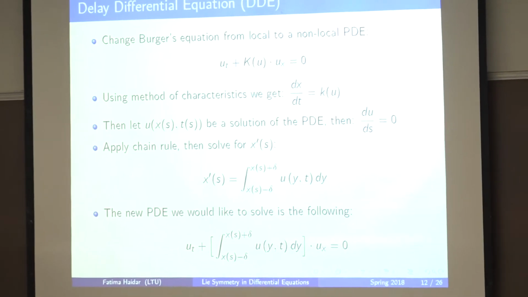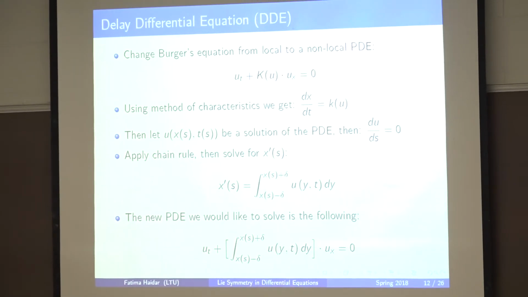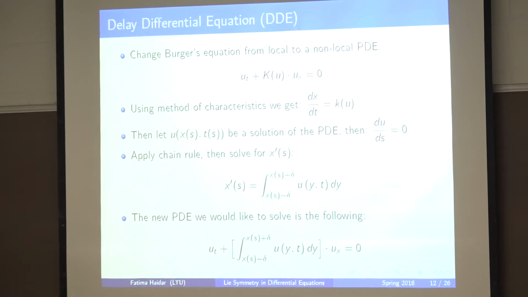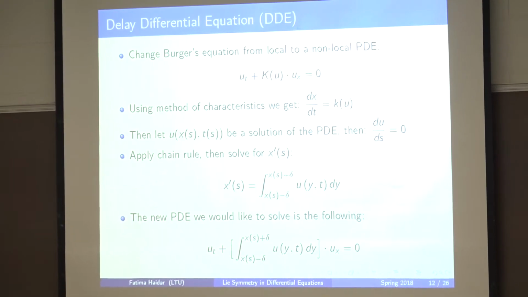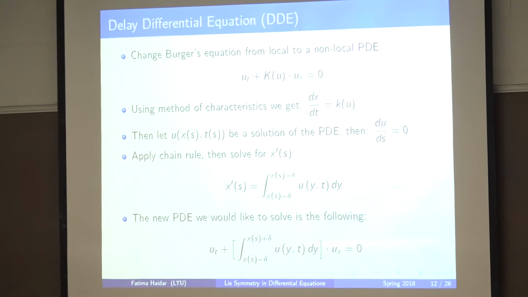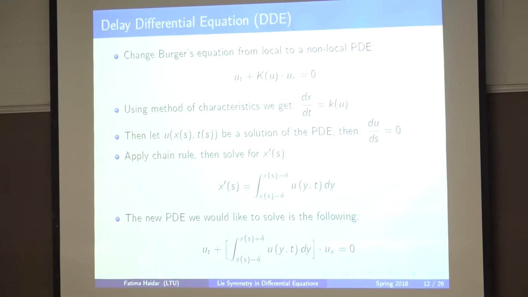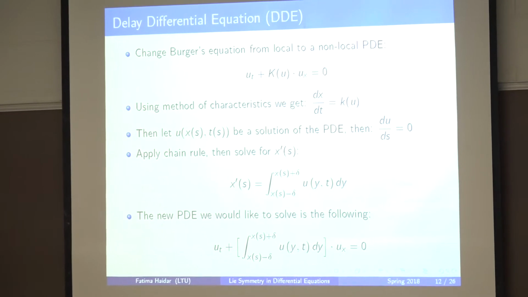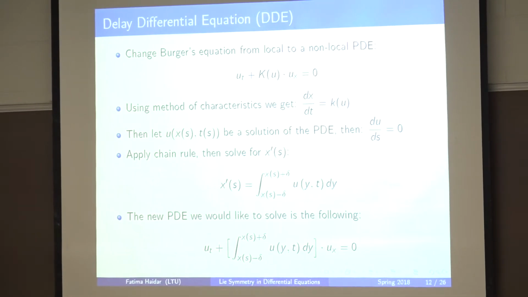Now we're going to change Burgers' equation from a local differential PDE to a non-local PDE. So here, in Burgers' equation we used to have u u_x, but here we have K of u, where K of u is a non-local operator.